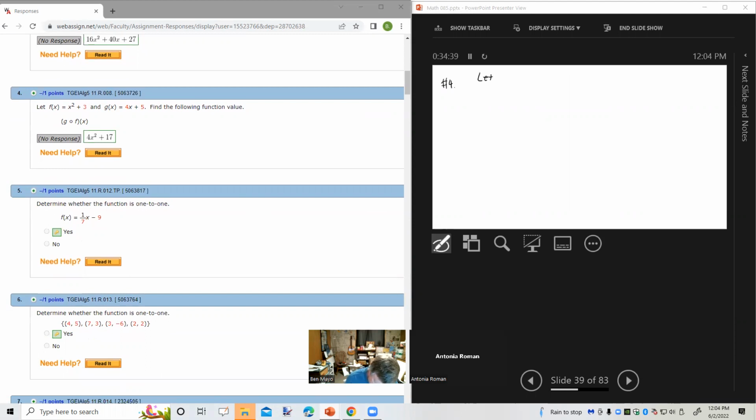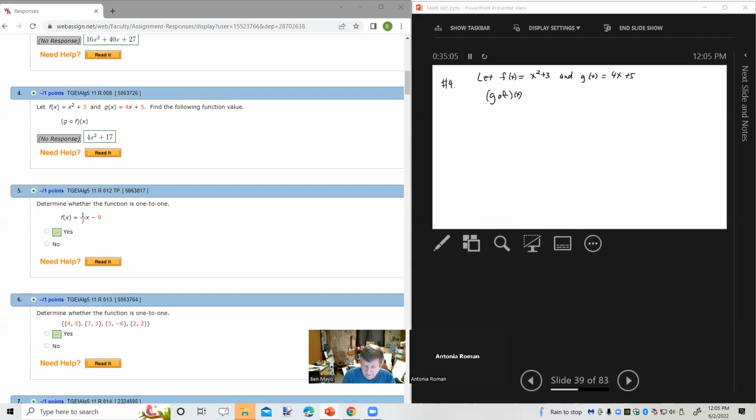Okay, let f of x equal x squared plus 3 and g of x equal 4x plus 5. Find the following function value. G composed with f of x.